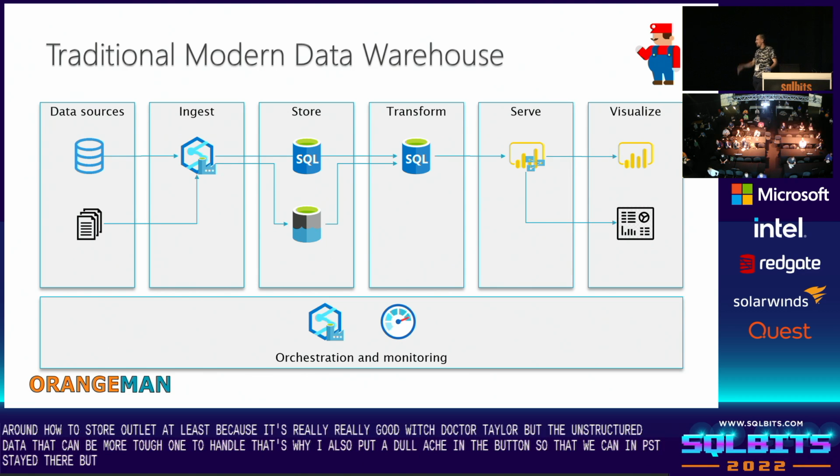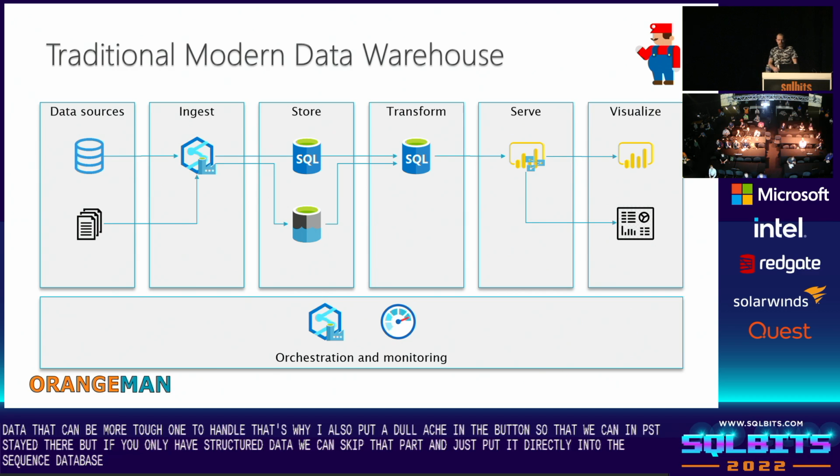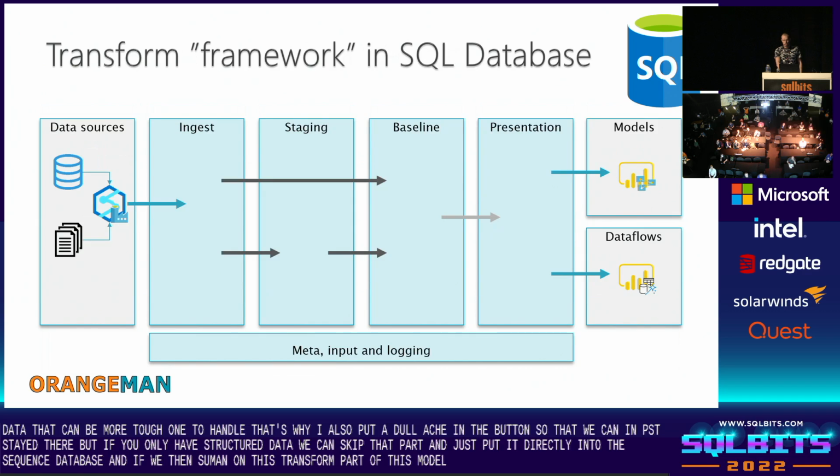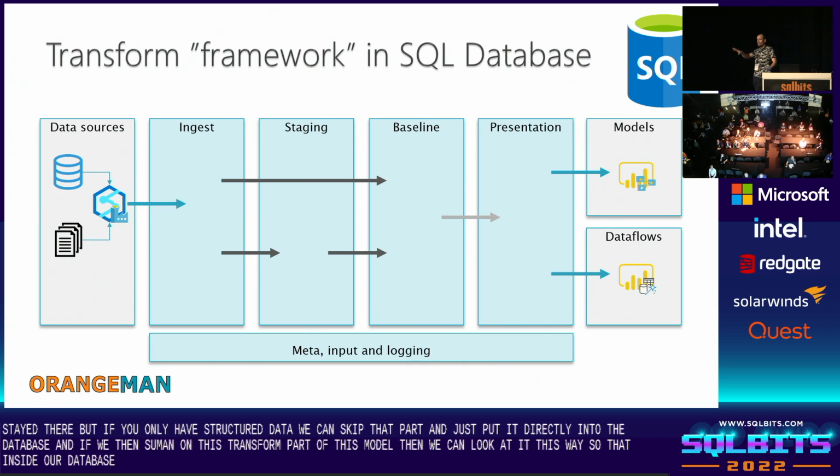But if you only have structured data, we can skip that part and just put the data directly into the SQL database. And if we then zoom in on this transform part of this model, then we can look at it this way, so that inside our database, we will have a couple of different layers in the architecture.